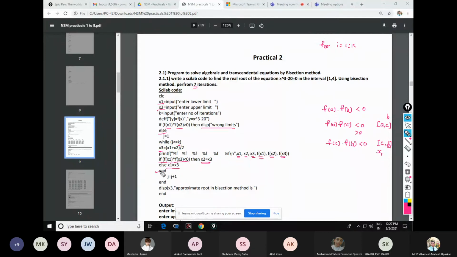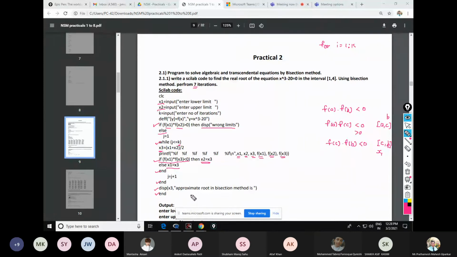Now ये जो end किया वो कौन सा end किया? if वाला end किया। Then we have to increase the counter, j is equal to j plus 1. ये end किसका है? while का end हुआ। And then we have to display the value of x3, that is the approximate root in the bisection method, and you have to put end. Okay, so this end is the end for this if. Are you getting?